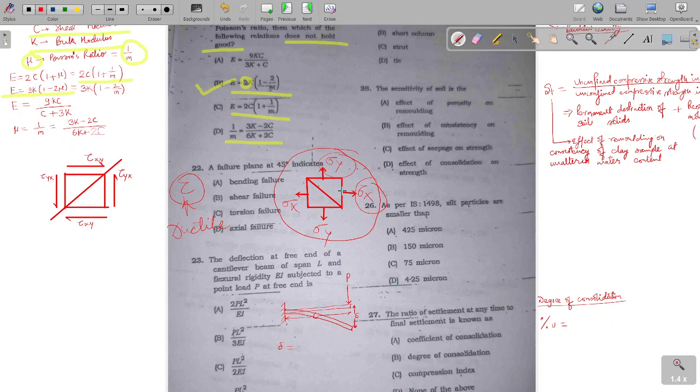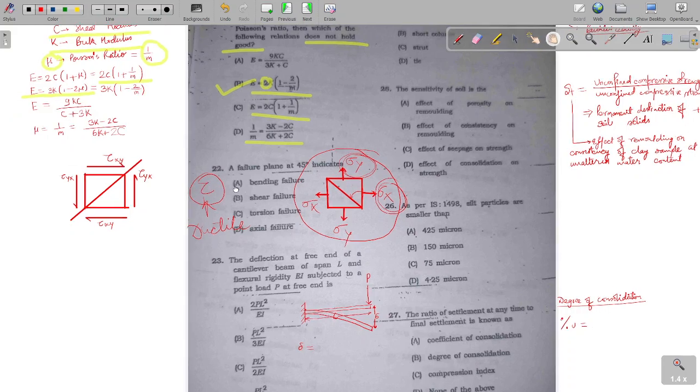So the maximum shear stress plane lies at 45 degree from the maximum principal stress plane. Suppose this stress has a larger magnitude than this one, so this will be the major principal plane. So the maximum shear stress plane will be at 45 degree from the major principal plane, and it is this plane at which the ductile material will fail.